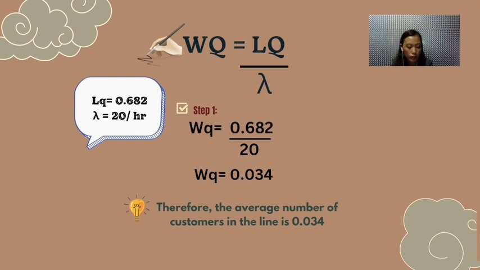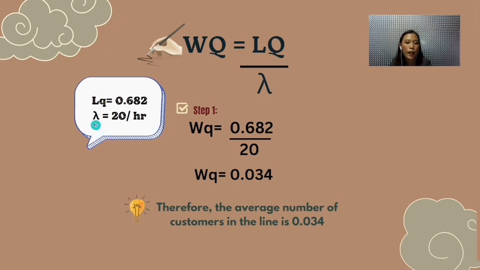Hindi pa dyan natatapos yung solution natin. We need also to identify the average time spent in line. To calculate that, we can use this formula. So, Wq is equals to the average number of customers in the line over the lambda. First, kagaya ng ginawa natin kanina, we need to identify the variable doon sa given problem. The average number of customers in the line is also given na since we already calculated it doon sa nauna nating computation.